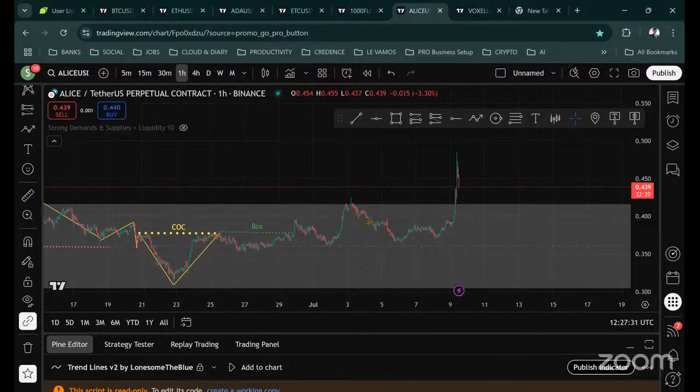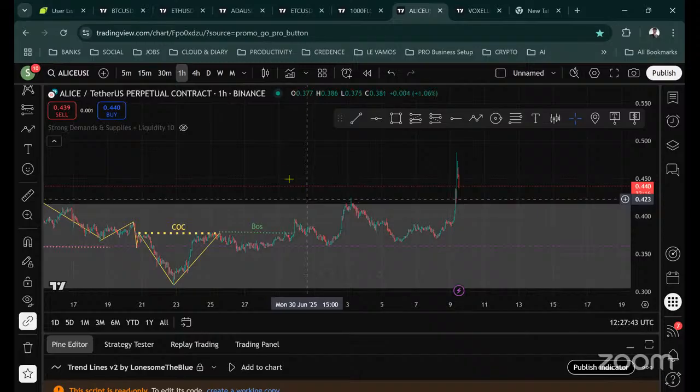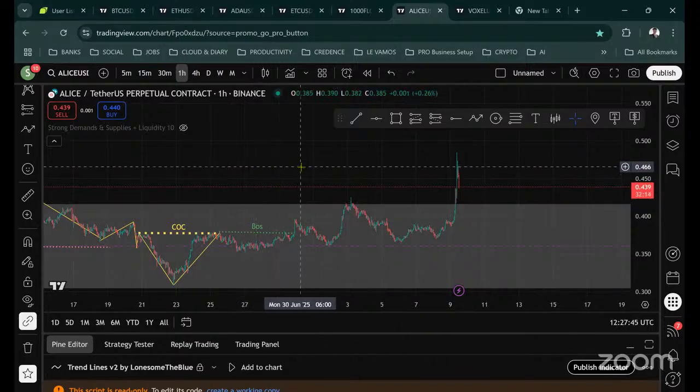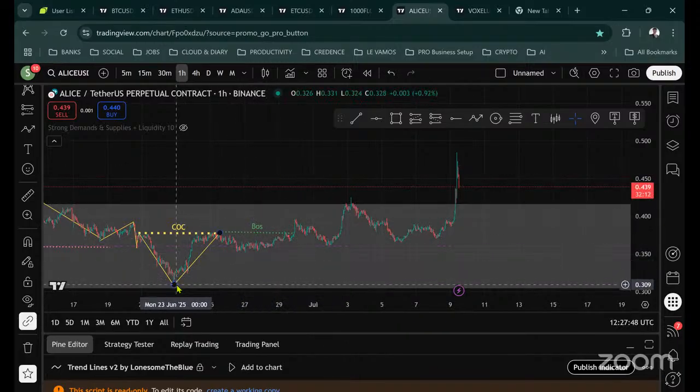What I'm saying is, from the lowest point where price starts to reverse, you mark your valid pullbacks from there.